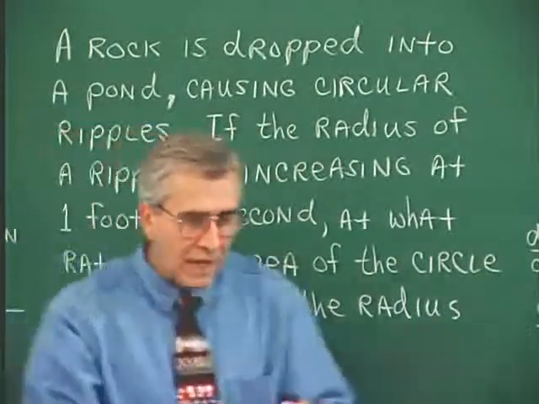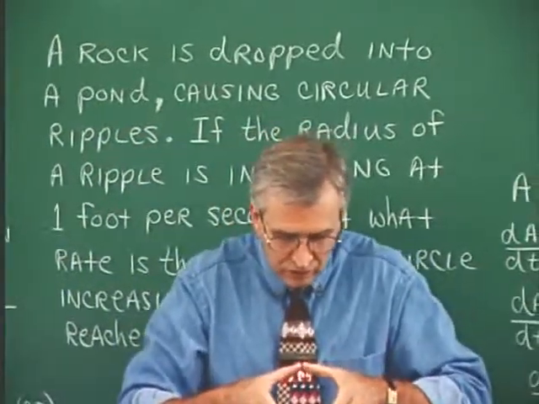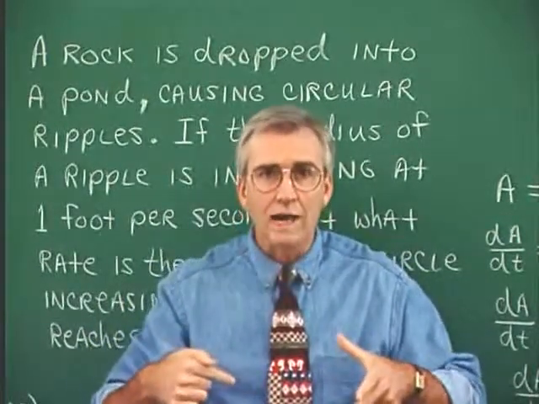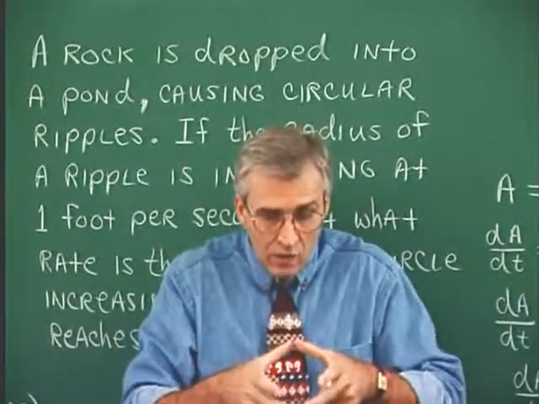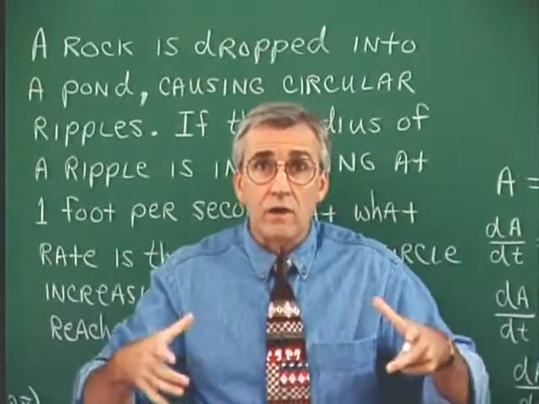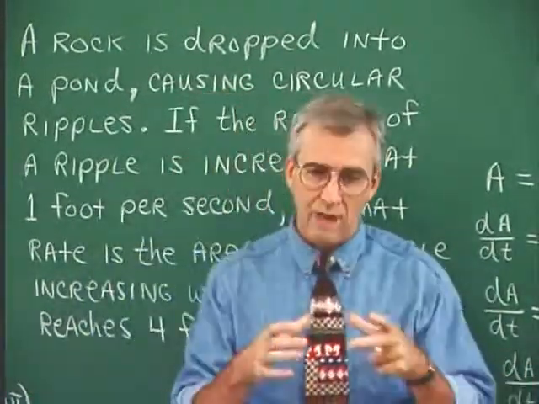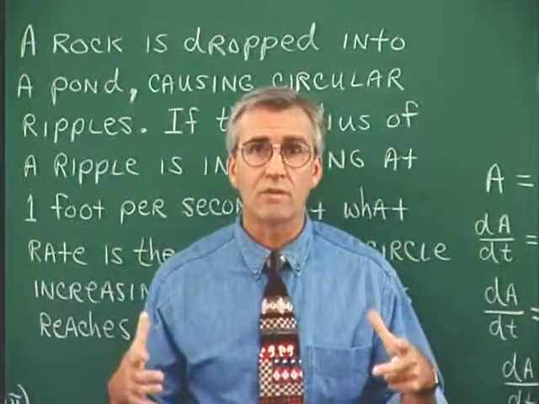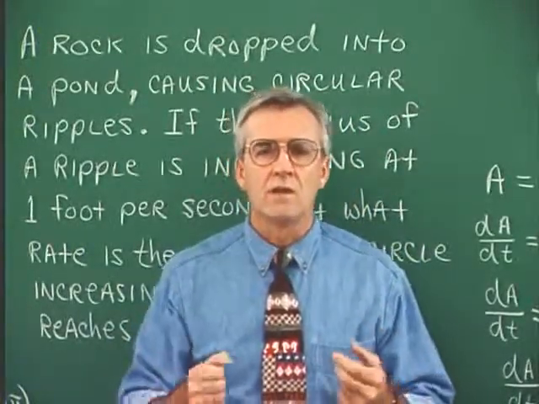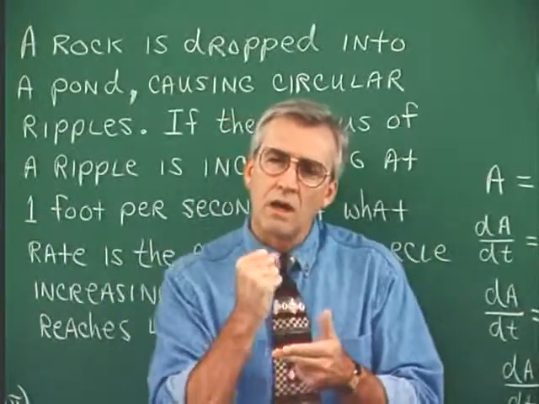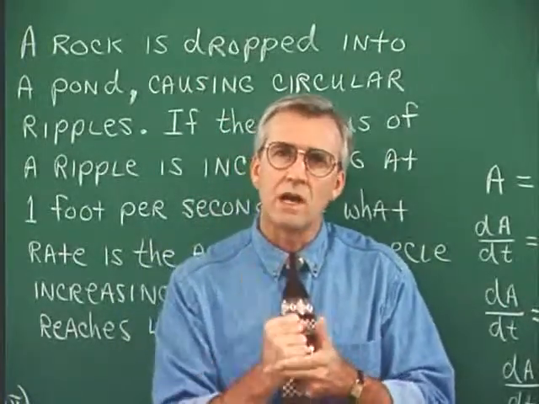As that circle is growing larger and larger, the radius is getting wider and wider, and the area of the circle is getting bigger and bigger. Now, can we freeze time when that radius gets to be exactly 4 feet? Sure we can.